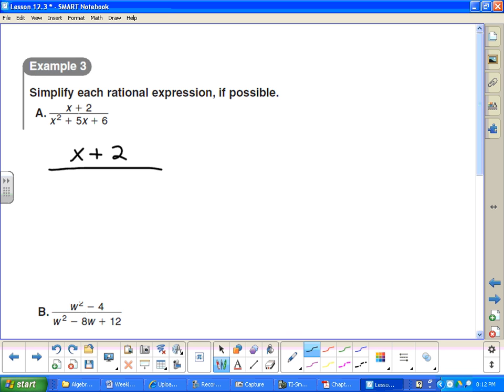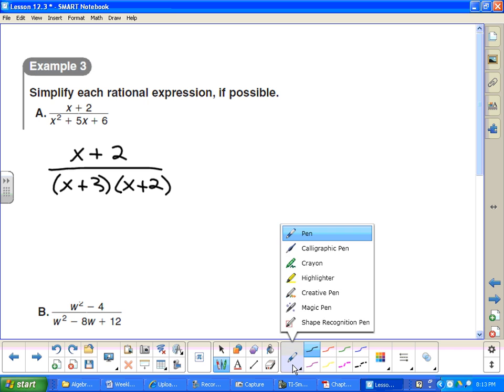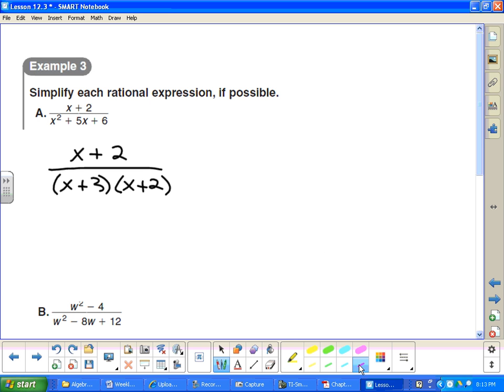The denominator. What are the factors of 6 that add up to 5? That would be 3 and 2. So x plus 3 and x plus 2. So now I have a common factor in the numerator and the denominator. Now, here's a situation where you have to be very careful.